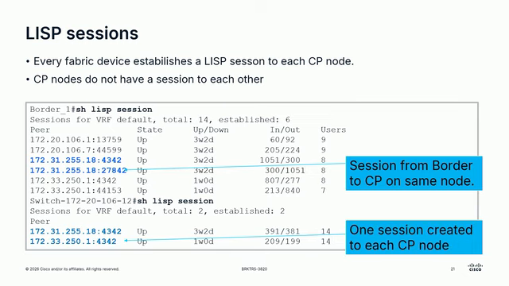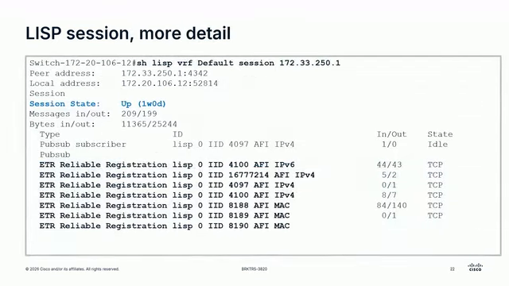If you want to look at more detail regarding the LISP session, you can specify the IP address, and you have to specify VRF default. VRF default is the global routing table. The LISP session runs through the global routing table, and that's why you have to specify that specifically. If you specify that, you can see the information, what exactly is being done inside that LISP session.